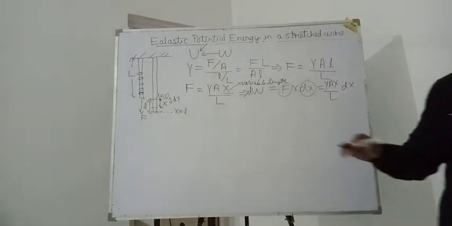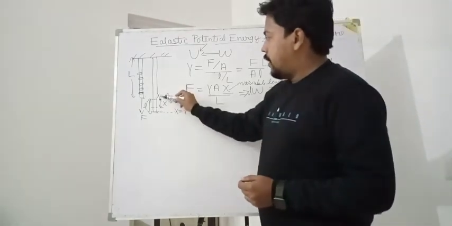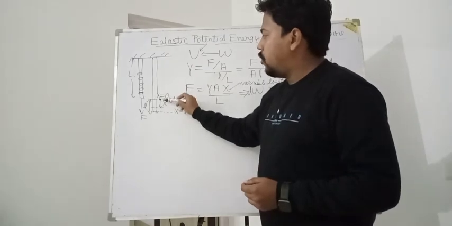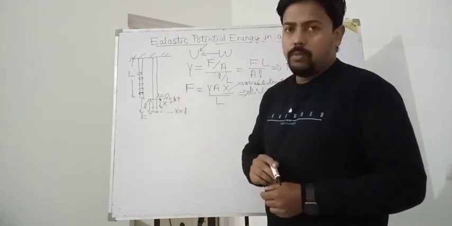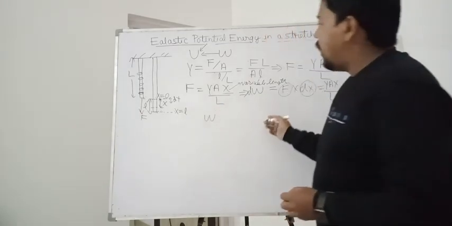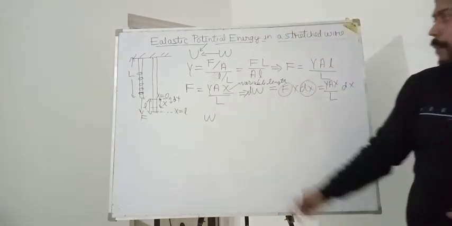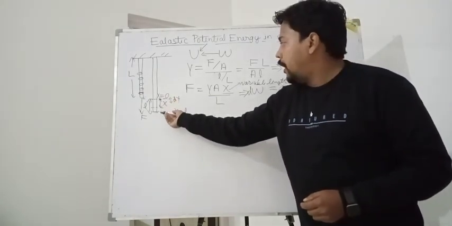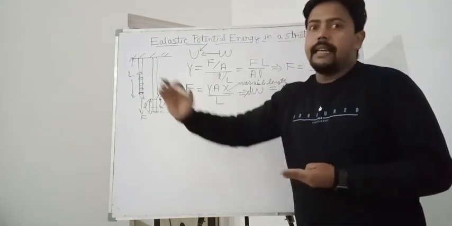Now we have to find the total work done in this case. That will define the potential energy, that is the work done from x equals 0 to x equals small l. In this case we apply the method of integration, because it is a continuous process. From here to here the wire is continuously increasing.